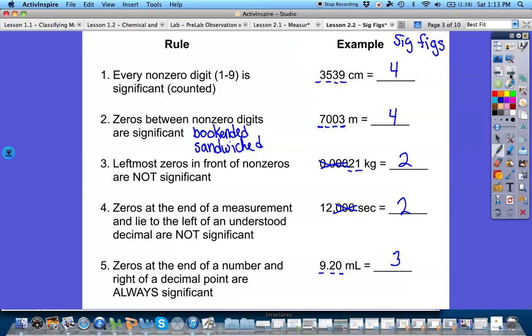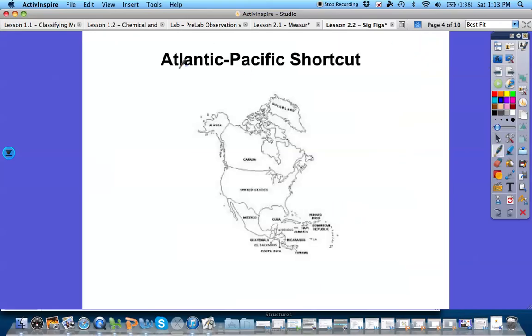I have a shortcut to help you with it. If you take a look at North America or the United States on a map, the Pacific Ocean is typically on the left side or the west side. And the Atlantic Ocean is on the right, or on the east side of the United States.